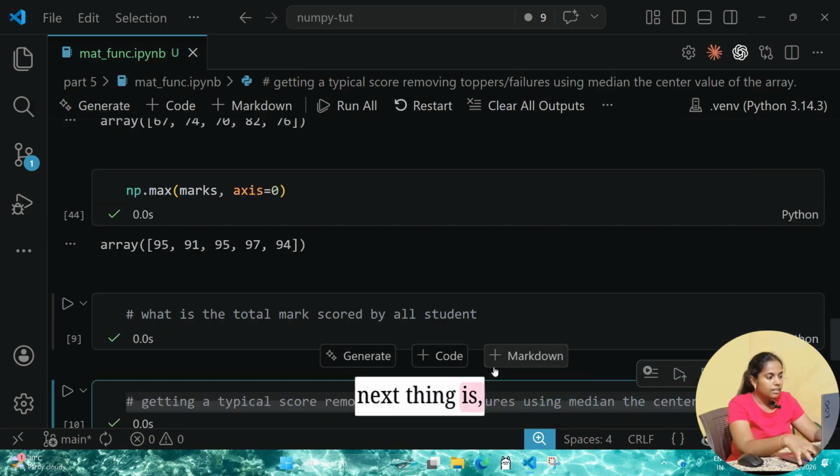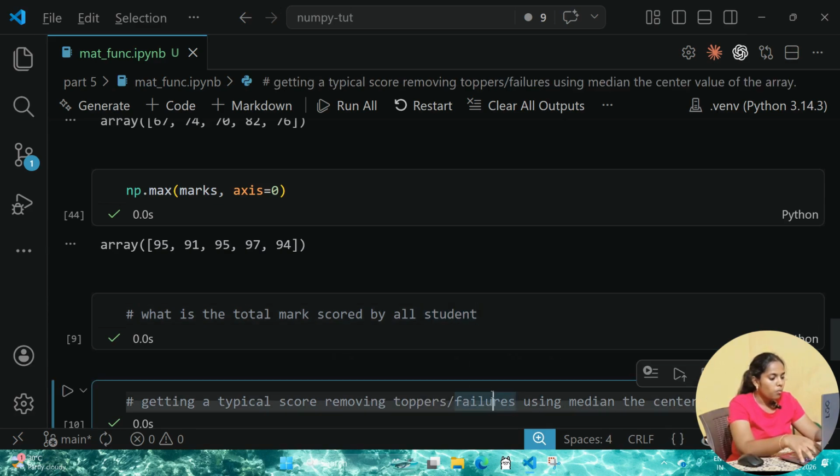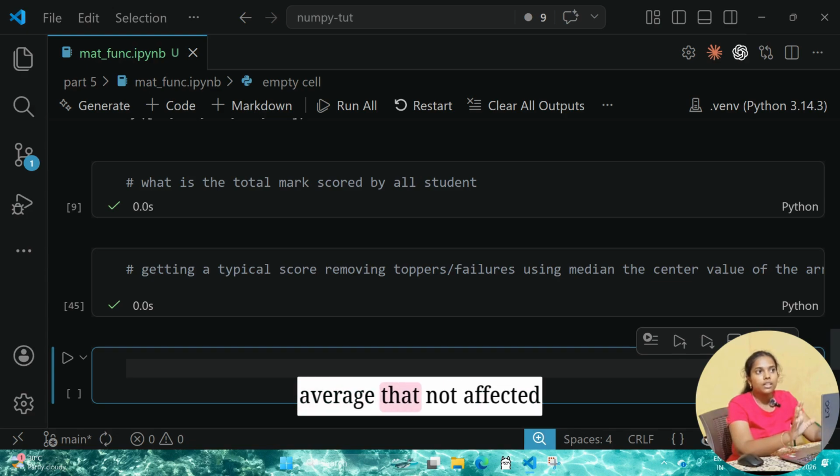So next question, we need to find a typical score. Meaning I want to remove the extreme values, the highest and the lowest values. We need to find an average that is not affected by toppers and failures.